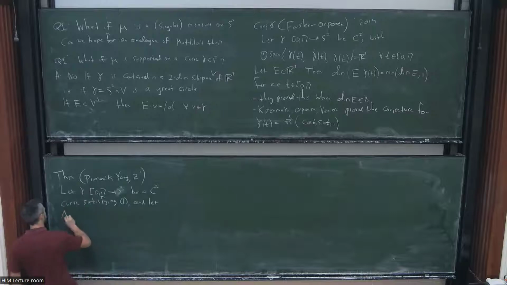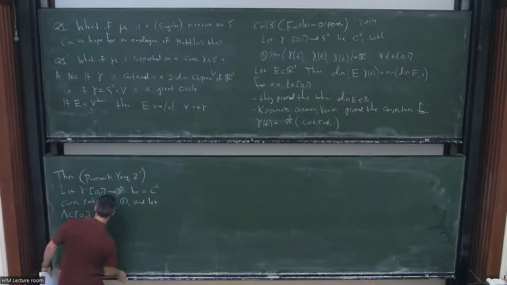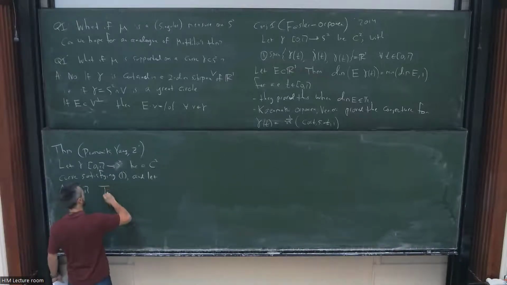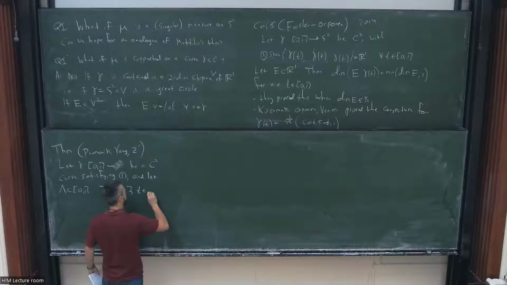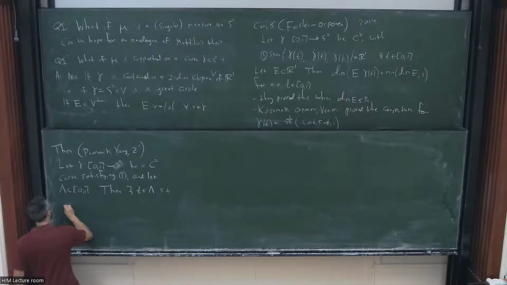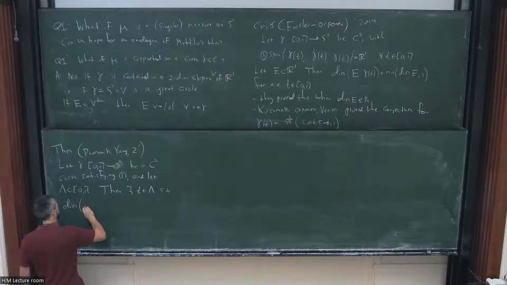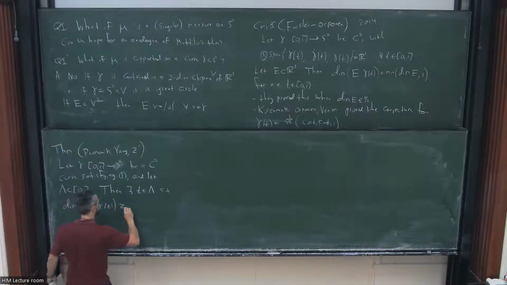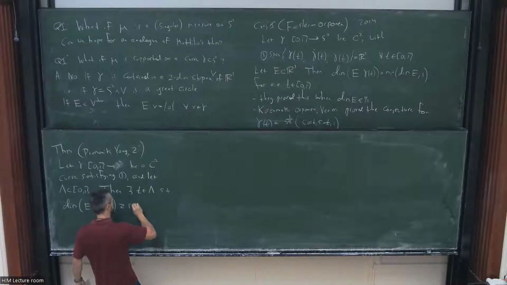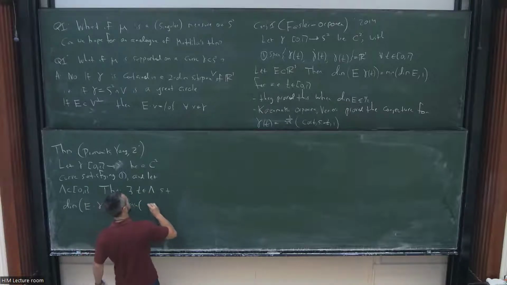And let's say I take some set lambda, which is a subset of [0, 1]. Then there exists some t in lambda such that the dimension of E dot gamma of t is at least the minimum of the dimension of E and the dimension of lambda.